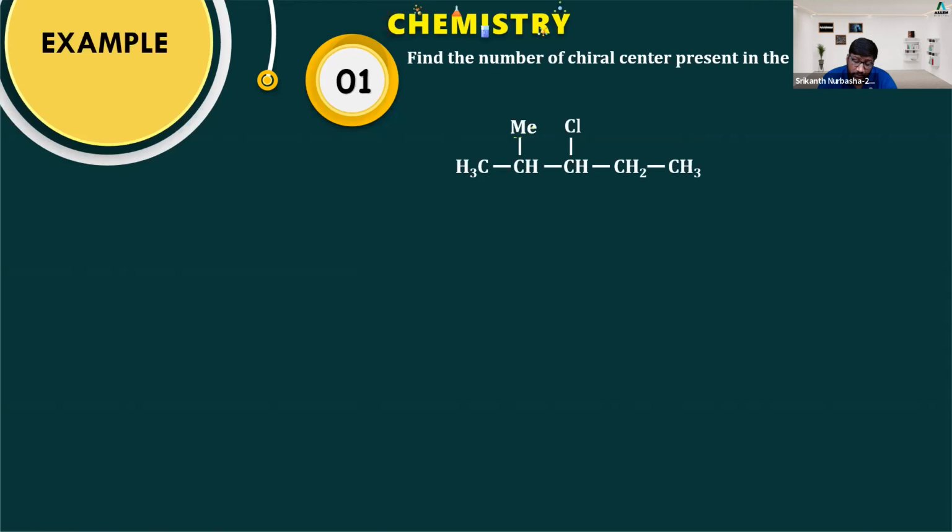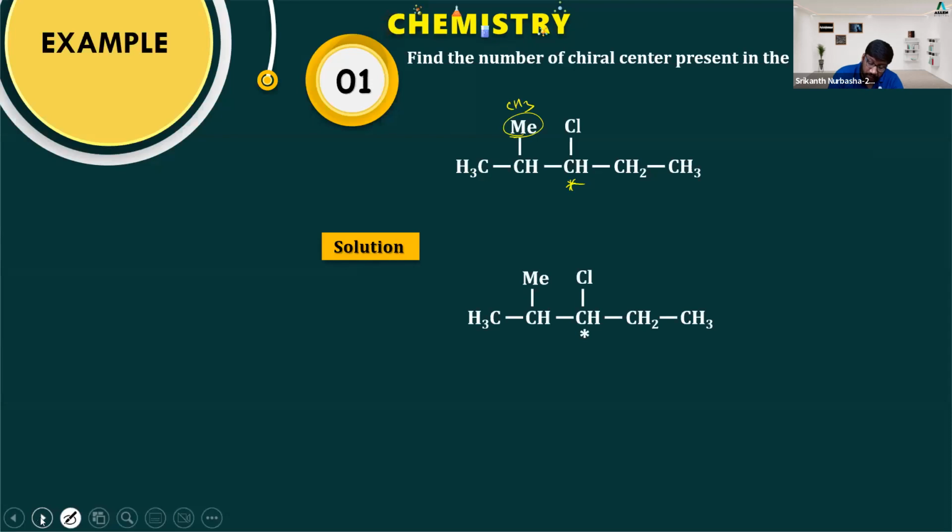Although Me is written, it is also CH3. This CH3 has 3 hydrogens connected, so it is not chiral. Methyl means CH3, not chiral. This CH has Cl and other different groups, so this is one chiral carbon. CH2CH3 is not chiral. So only one chiral carbon. One chiral center.